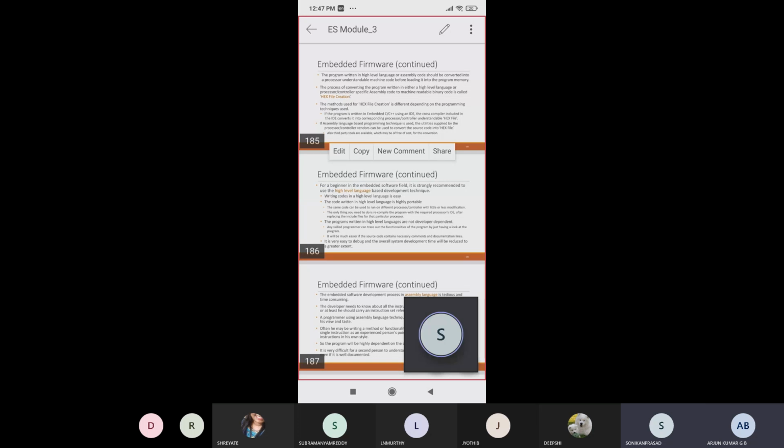Often he may be writing methods or functionalities which can be achieved through a single instruction, but from an experienced person's point of view, by two or three instructions in his own style. We can't follow the same procedure. If you are intelligent, you can reduce the number of instructions in your own style. Suppose you add two numbers: a normal person would take the two data, add them into a particular register, move again to the accumulator, add the data with the accumulator, and then store that data in some other register.